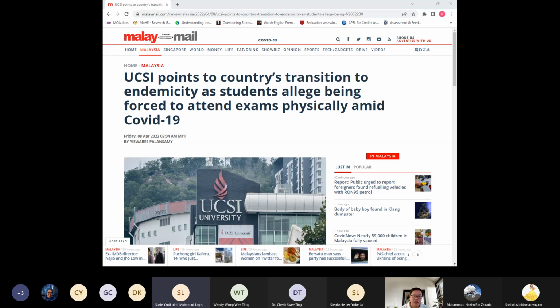Now we need to understand what is in the mind of our target audience, which is our students. Many a time we always say, young people, they are not worried. They are okay to come back. But this simple article, the headlines in Malay Mail, says otherwise. There's still a big concern by the young about coming back.